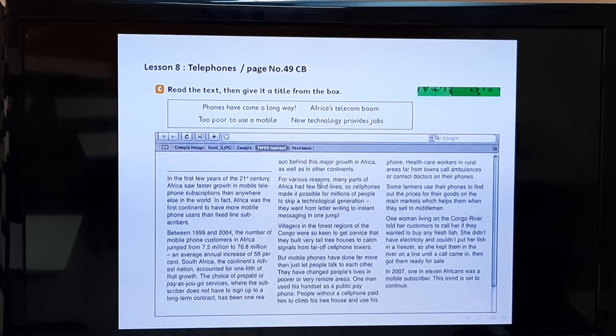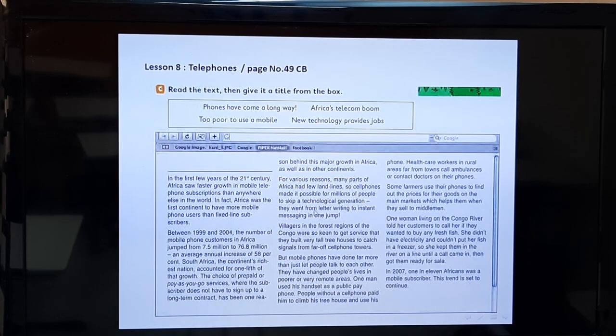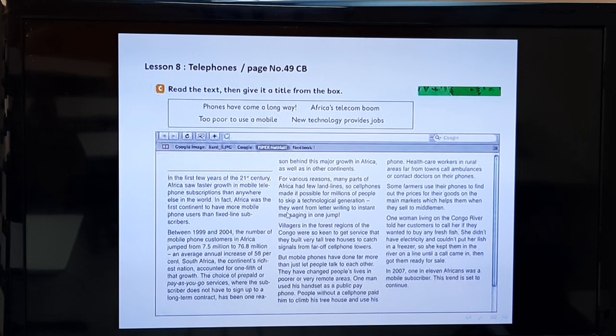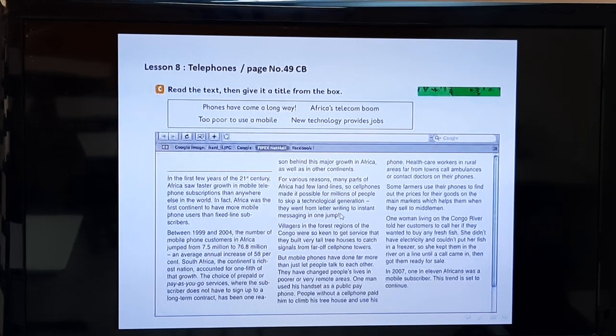For various reasons, all these sentences after the numbers are just information. Parts of Africa had few landlines, so cell phones made it possible for millions of people to skip a technological generation. They went from letter writing to instant messaging in one jump.